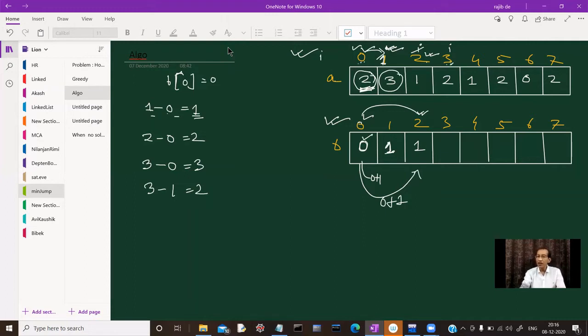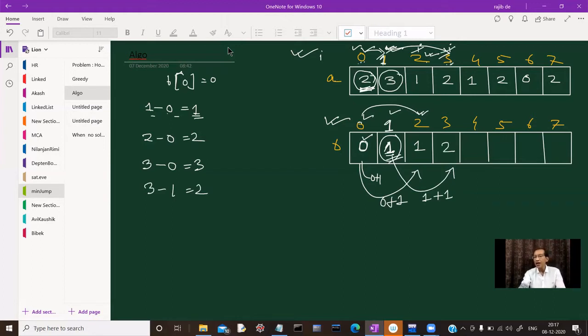So here your solution is telling that to reach index 1 starting from 0, you require 1 jump, and from there you can directly jump from 1 to 3. So the solution at 1 is 1, and you require one jump to reach 3 from 1. So 1 plus 1 is 2.